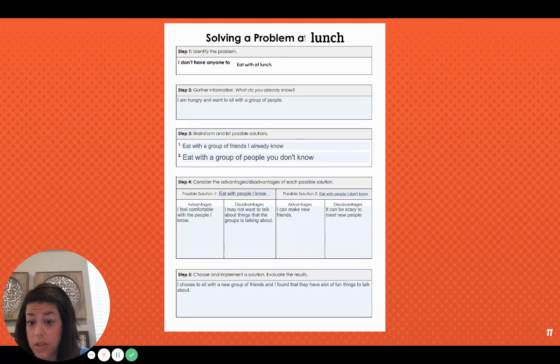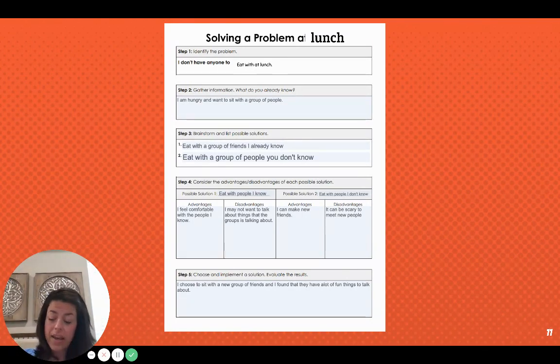So one option is I could sit with a group of friends I already know, and I could decide, hey, you know what? I'm going to sit with my friends over there because I already know them. Or I could eat with a group of people you don't know. So you could decide, hey, I'm going to eat at a table where I don't know those people. So my possible solutions. So the disadvantages and advantages of eating with people I know.